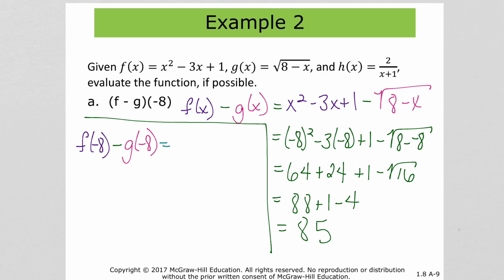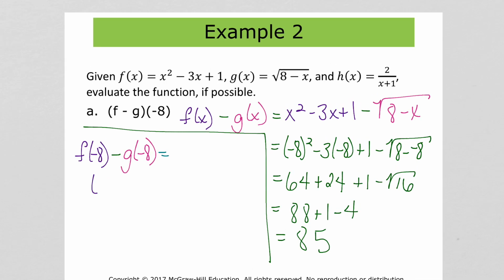So we would just say negative 8 squared minus 3 times negative 8 plus 1, and then minus g of negative 8, which is the square root of 8 minus negative 8, and we get the exact same thing as when we did the other, 85.